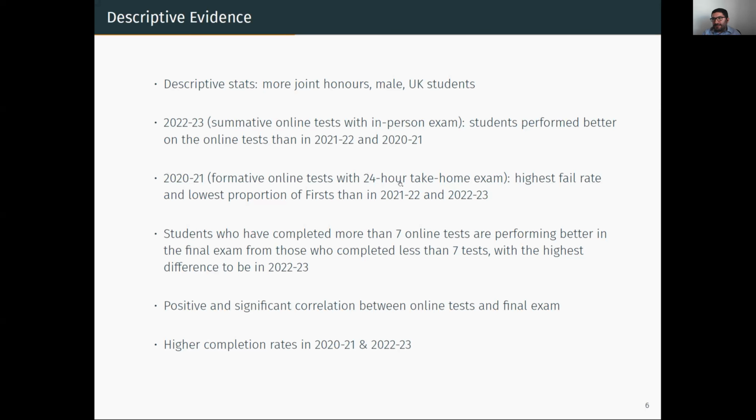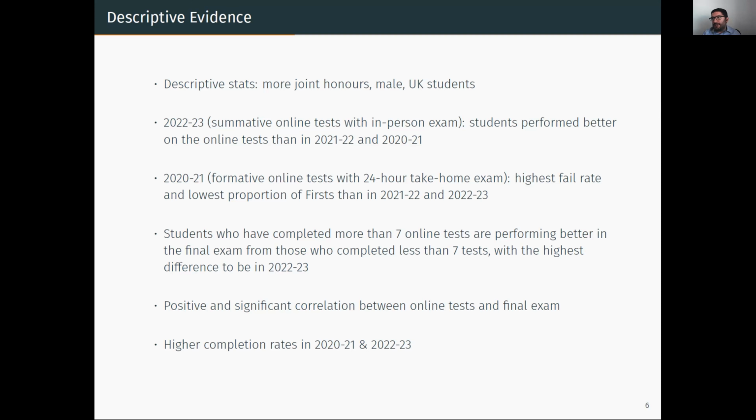In terms of some descriptive statistics, in this module there are more joint honours students, more male students, and more UK-based students.